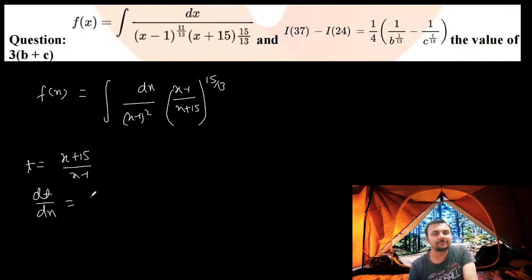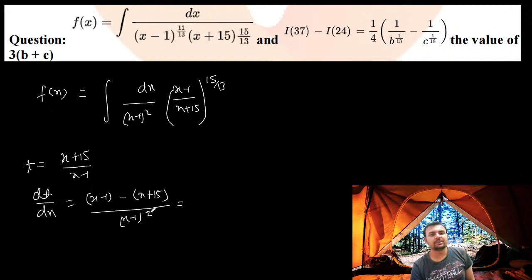Differentiate, it is x minus 1 minus x plus 15 upon x minus 1 whole square, which is nothing but minus 16 upon x minus 1 whole square.